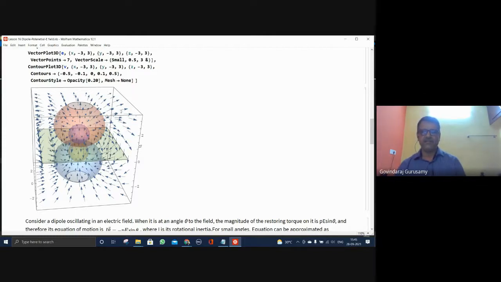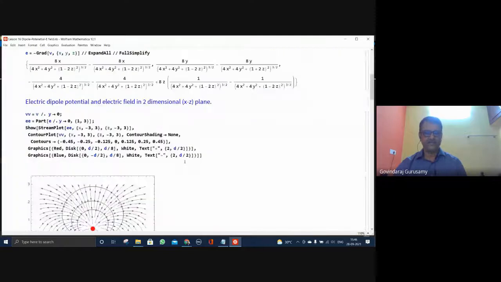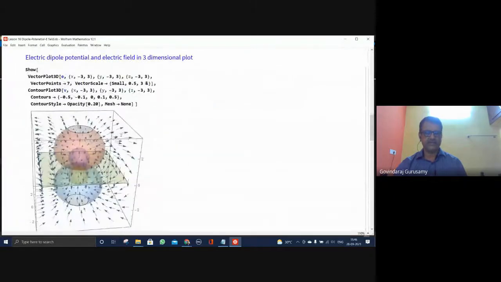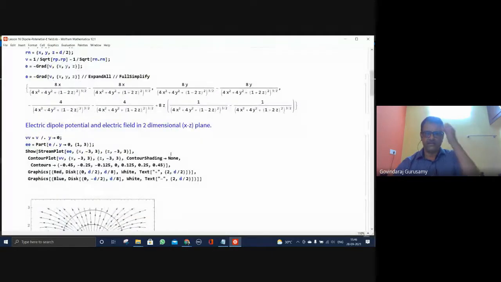If you are closer, field is more, then the potential is more. Okay, so all this can be visualized and you can feel it. Fine. I hope this is clear to you, and maybe you can spend a little time to go through them, get an idea, and check whether these expressions are coming out properly or not.